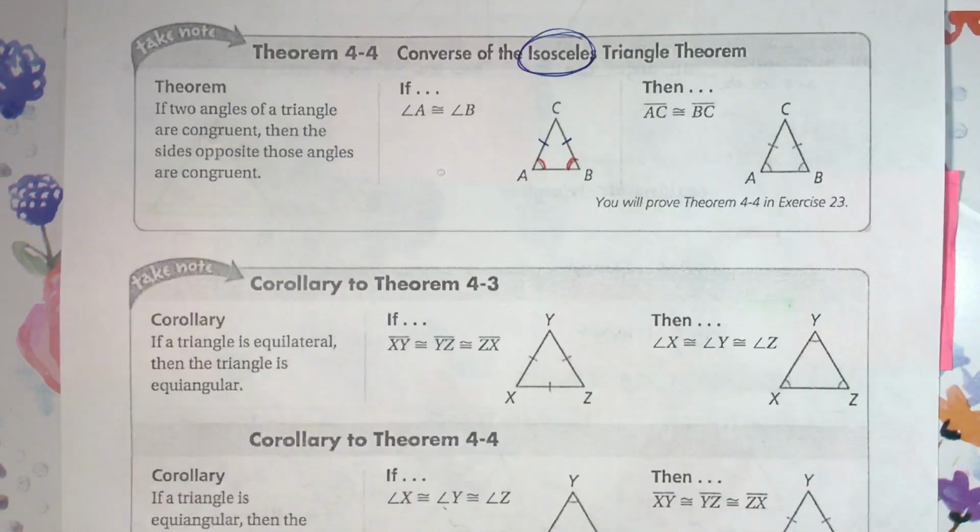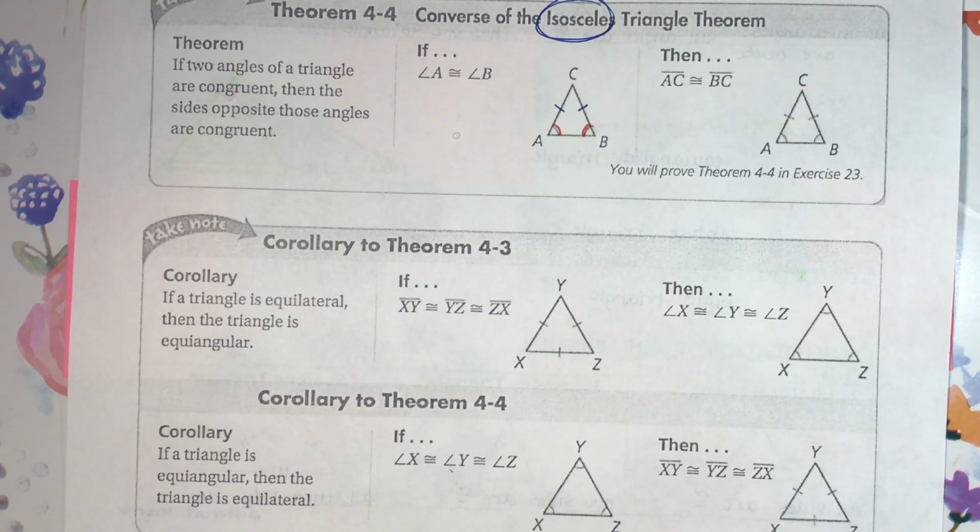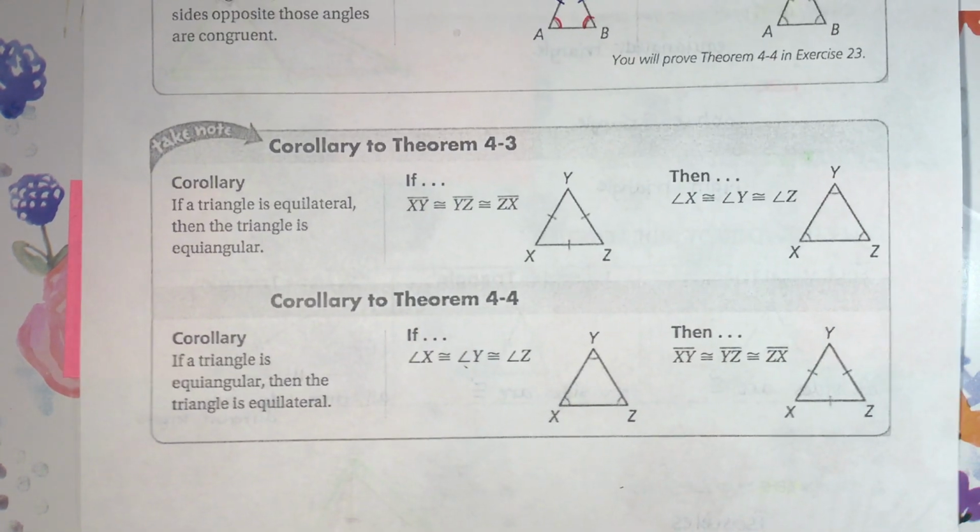We also have some corollaries to these, and it says if a triangle is equilateral, then the triangle is equiangular. And then that can also be put in reverse as well.